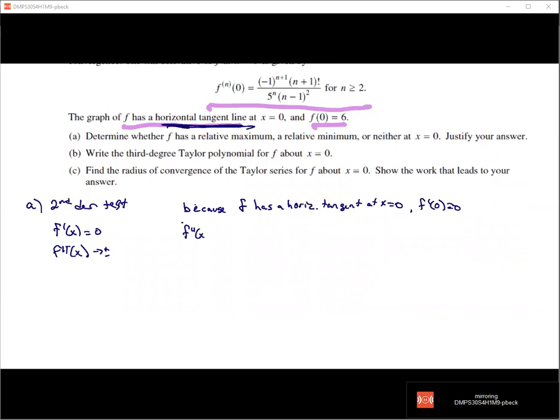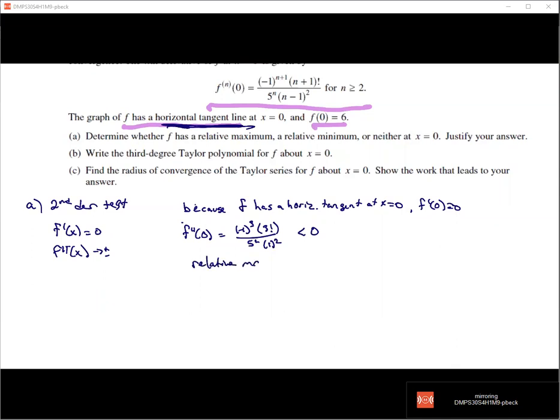F double prime not of x, f double prime of 0 is going to be -1 to the 2 plus 1 power, so -1 cubed. And then we have 2 plus 1 or 3 factorial over 5. And I honestly don't know why I'm bothering writing this, because we want to know what the sign is. So 5 squared times 1 squared. So we know that this is less than 0. Therefore, we have a relative maximum.